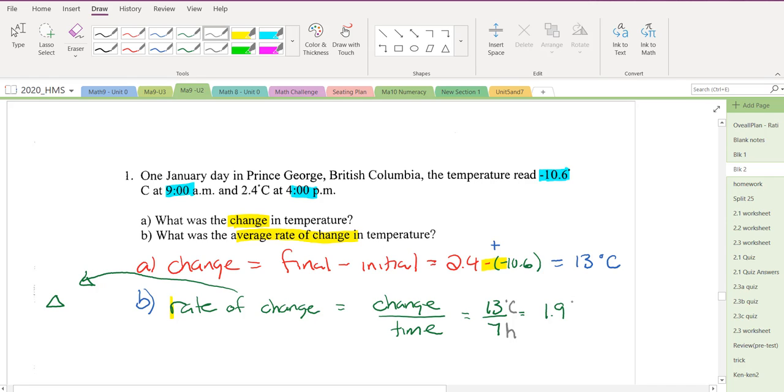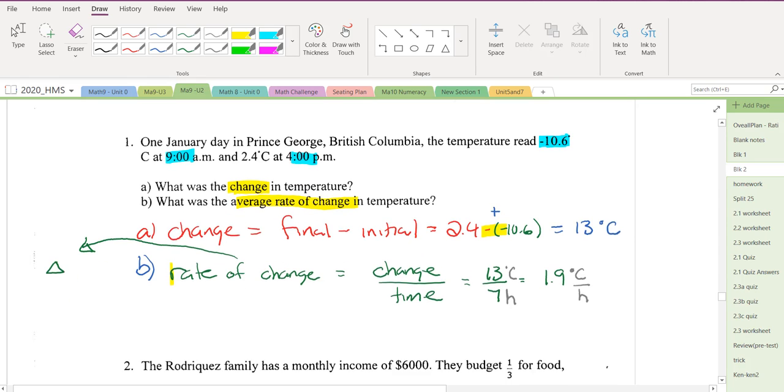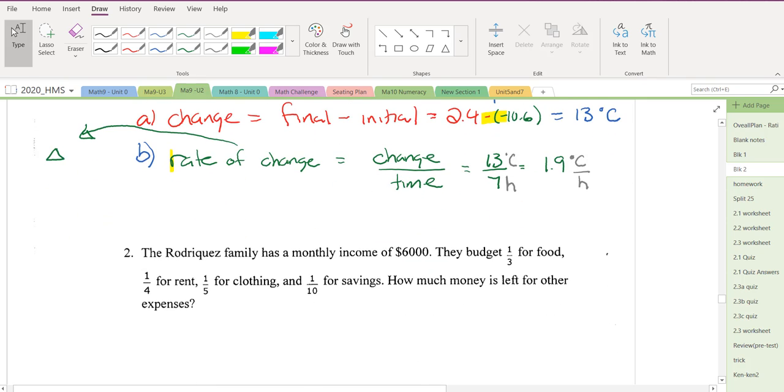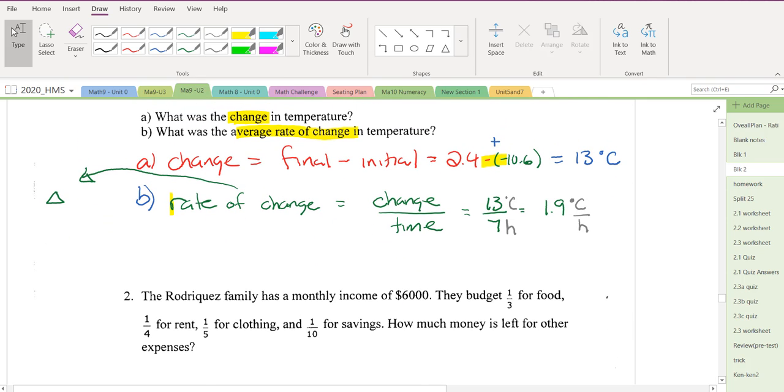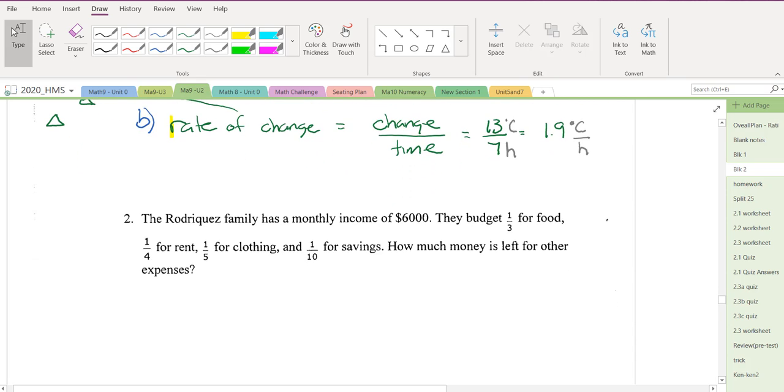So our rate of change is degrees Celsius per hour. The fraction line you read as per. So 1.9 degrees Celsius per hour. Now, if you did your time in minutes, it could be degrees Celsius per minute. You don't have to give me the question time in hours. Is that okay? You're going to do so many rates of change calculations next year. It's all over science and it's all over math next year.